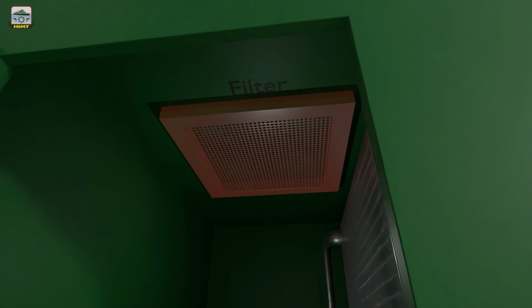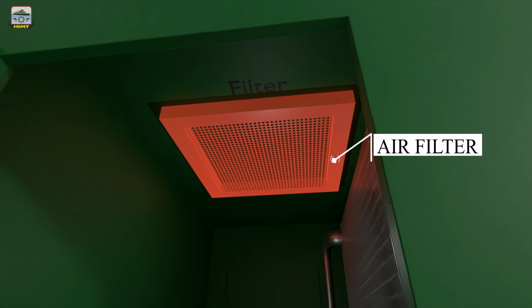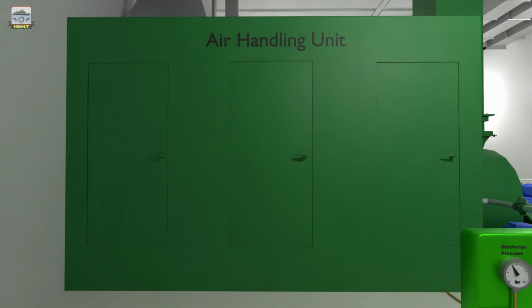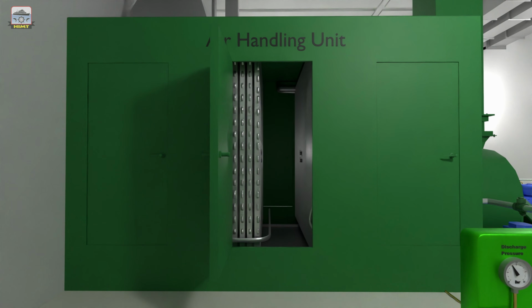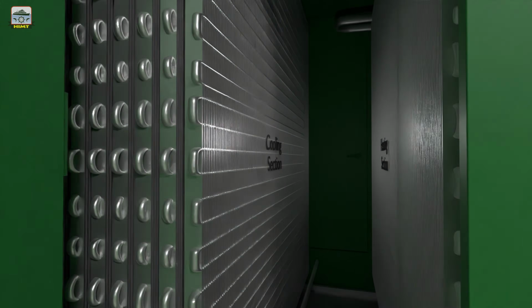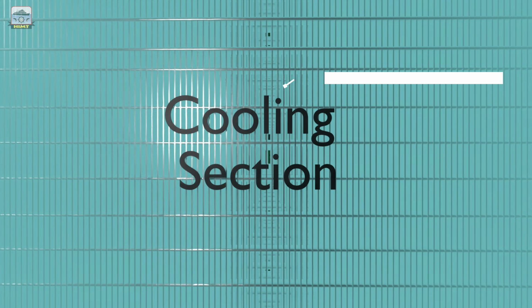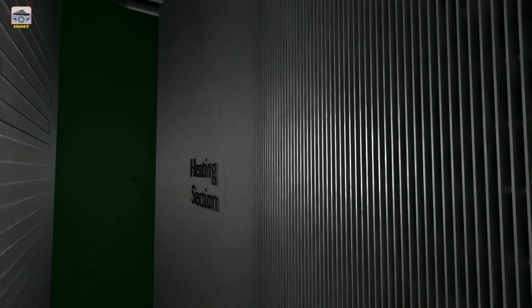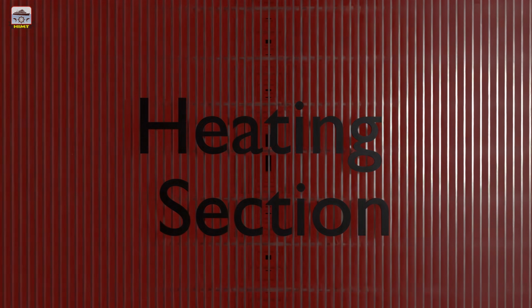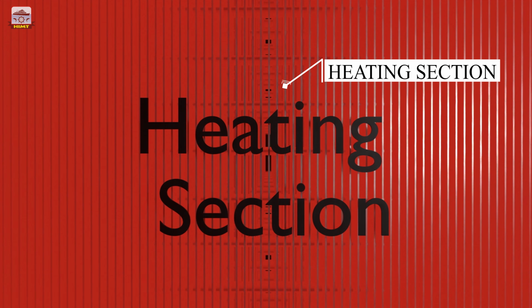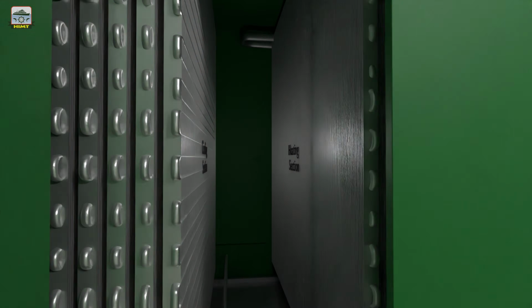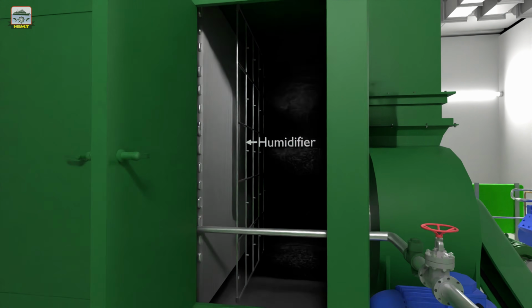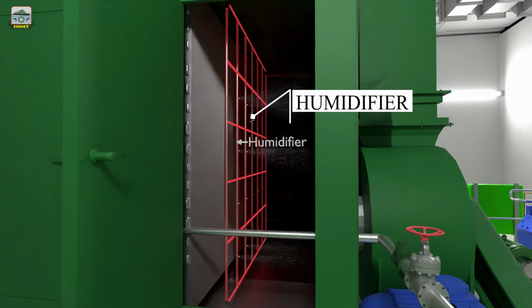The air handling unit includes filters, a cooling section, a heating section, and a humidifier.